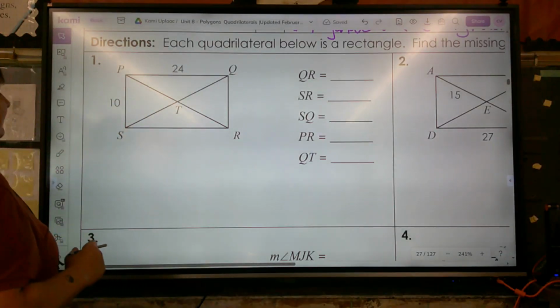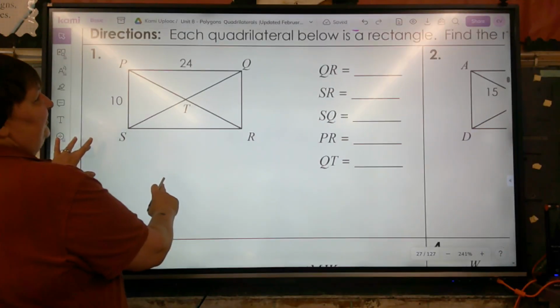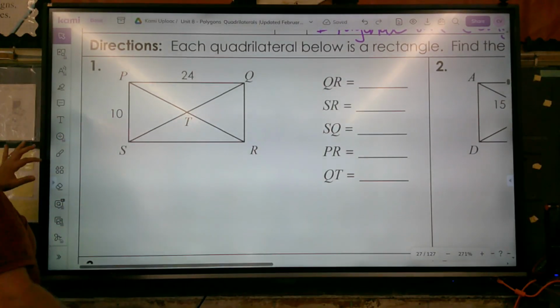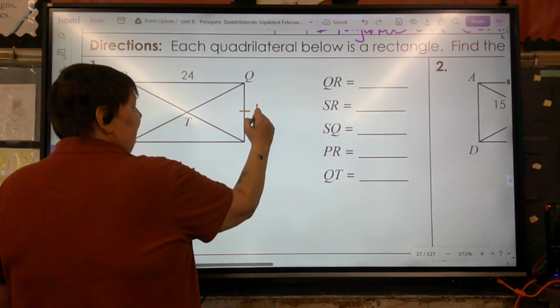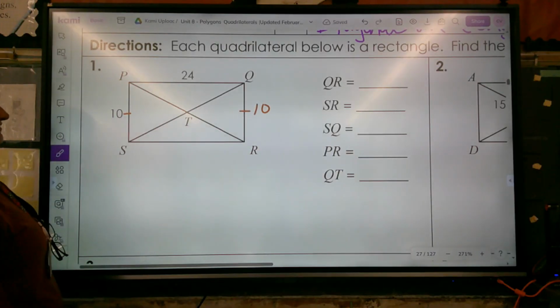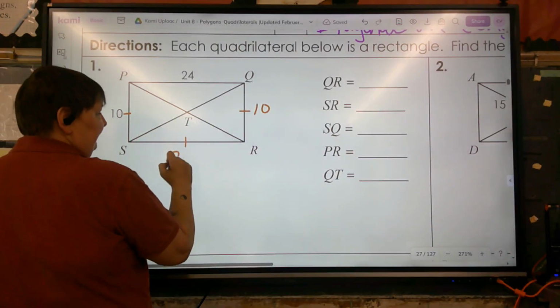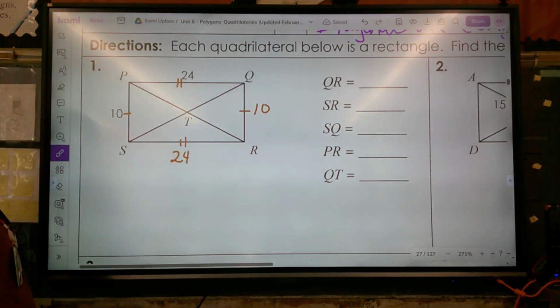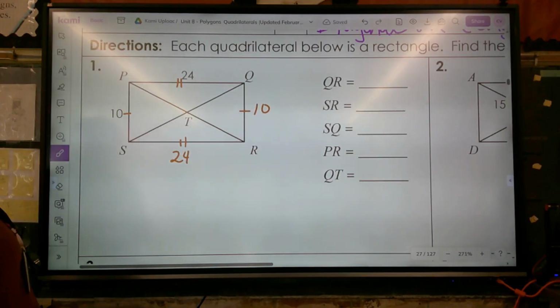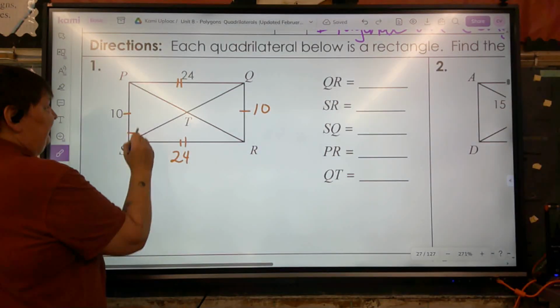All right, so first let's look at what we know. Opposite sides are congruent. That means that's 10. Opposite sides are congruent. That means that's 24, right? Because if this is 24, that's 24. We also know that they're 90-degree angles.